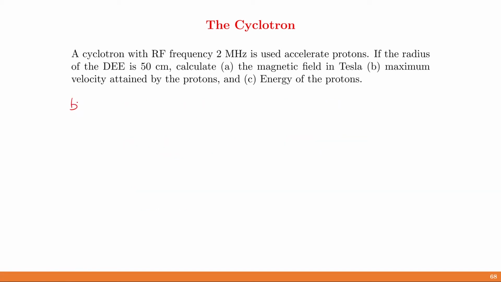To calculate part B, we have omega equal to V over R, which is again equal to 2 pi nu.